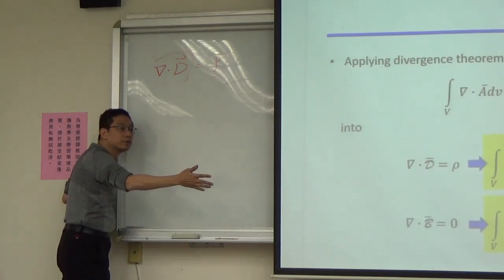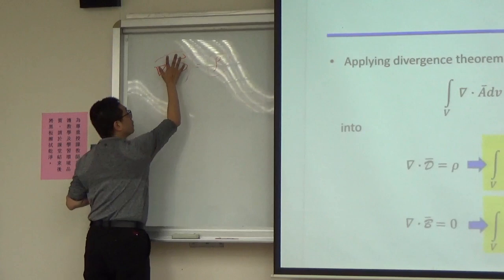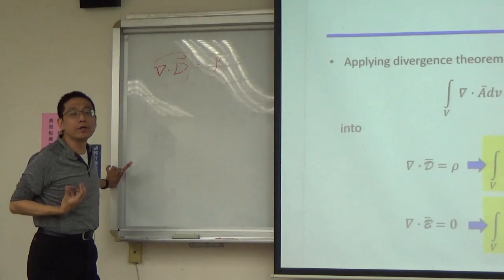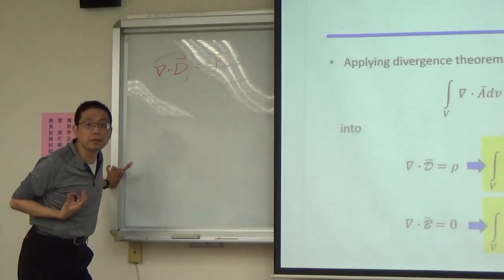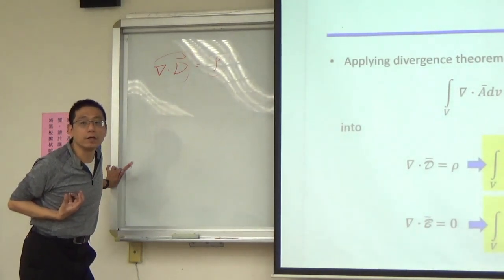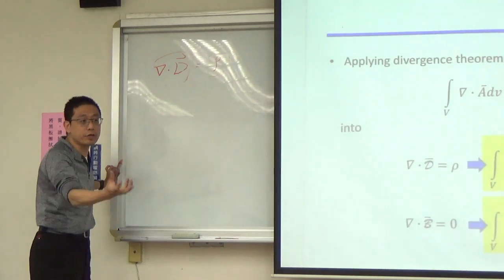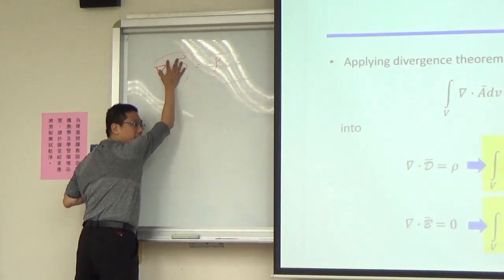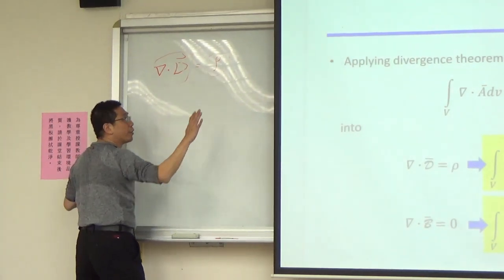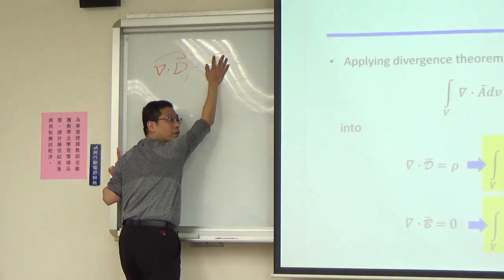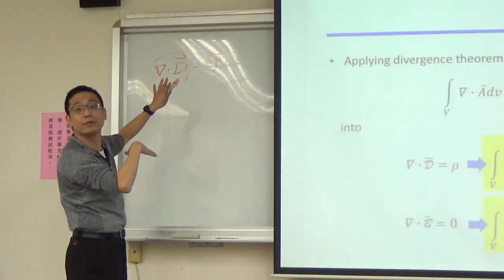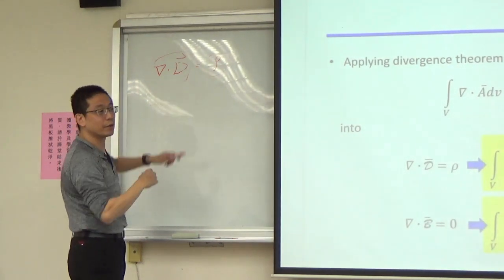What I can do is take the volume integration, 体积分, on both sides. If I take the volume integration on the left side, the result will equal the volume integration over the right side, right? If I do the same thing to two things that are equal, the result will become another thing still equal, okay?